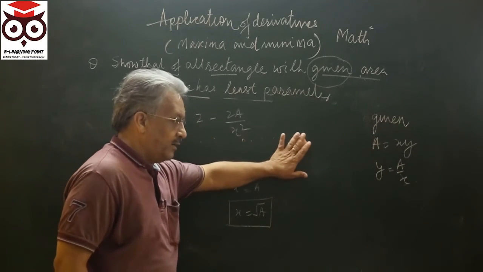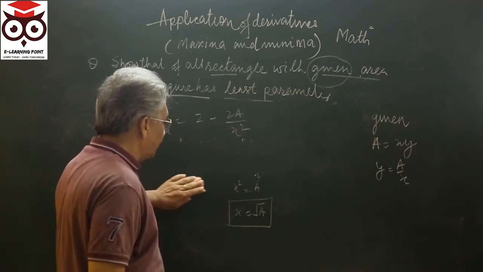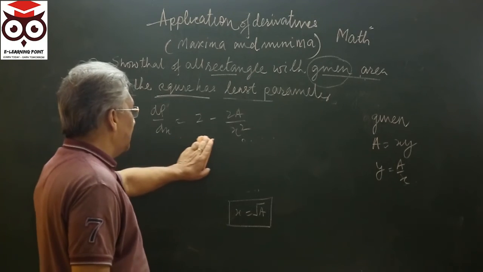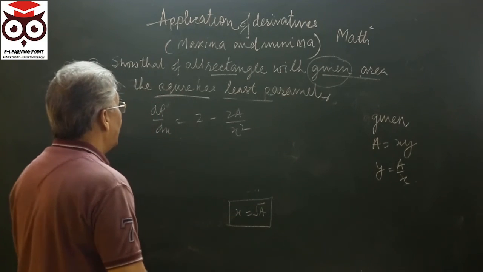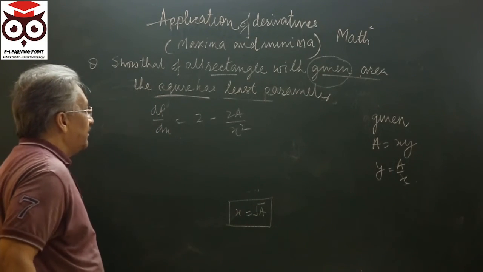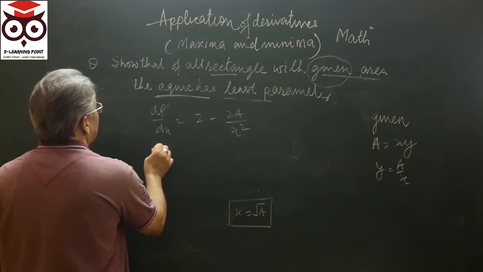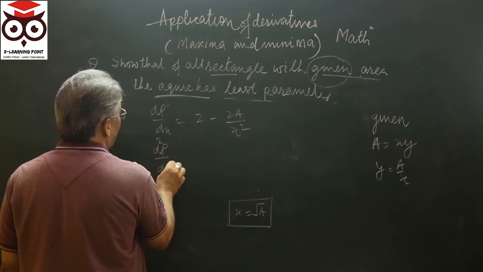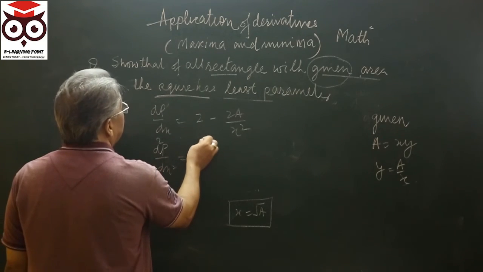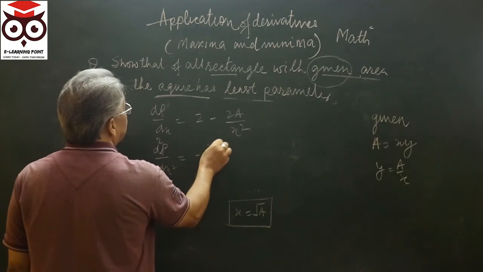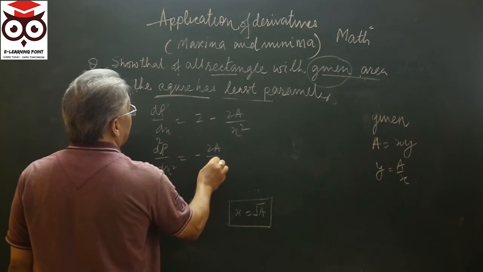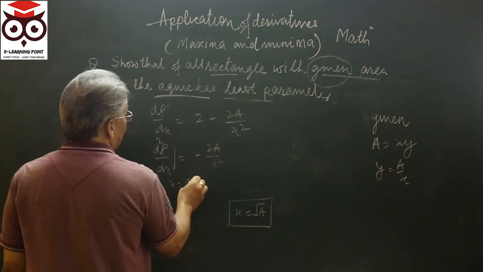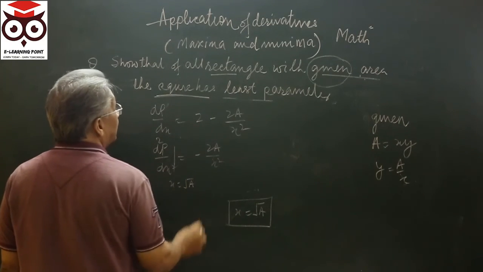Now I am interested to prove that this is nothing but a point of maxima. I will differentiate it again. This is the second order derivative. This is 0 and this is 2a by x cube, at x is equal to root a.